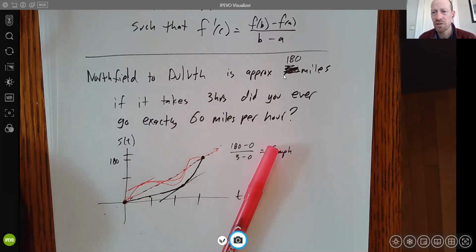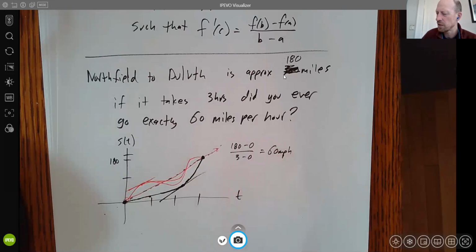Your average speed is equal to your instantaneous speed somewhere, maybe many places, but at least somewhere. And that's why it's called the mean value theorem, because mean as in average, not mean as in unfriendly. Mean value theorem, meaning it's an average value. But it's the rate of change that we're talking about, not just the value of the function, okay?